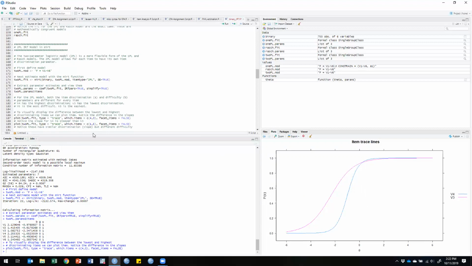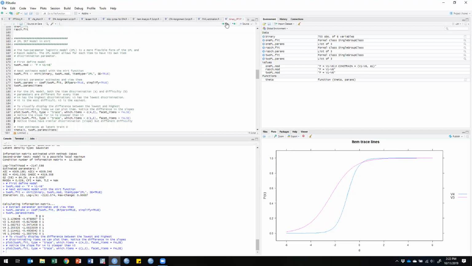So here's items 1 and 5, which have very similar discrimination. You can see that the slopes of the lines are pretty much the same. Items 1 and 5 have pretty different difficulty levels, so they're shifted along the x-axis. Question 5 is more difficult than question 1, but they're equally discriminating, as you see their slopes are the same.